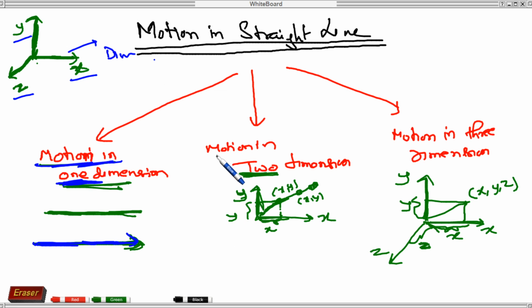If it is moving in two dimensions, it means any two of the coordinates, so the body is moving like this.